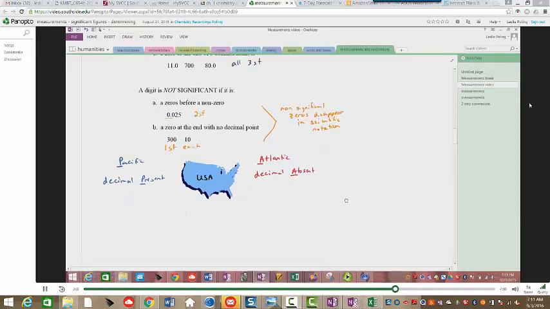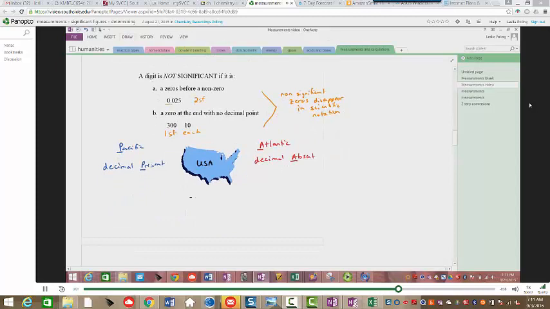So let's look at a number. If we have this, the decimal is absent. So we approach from the Atlantic coast, cross off zeros until you hit a non-zero. What's left is significant.